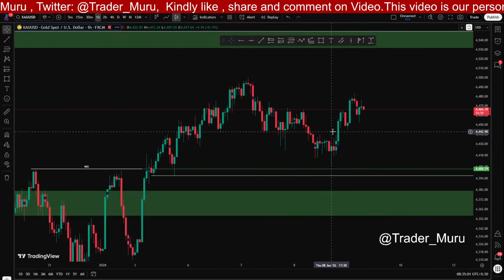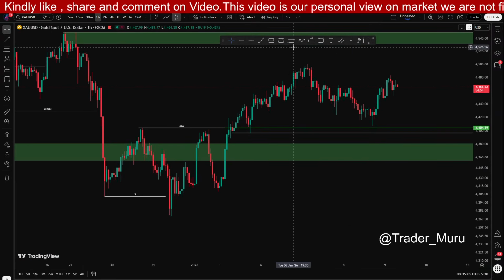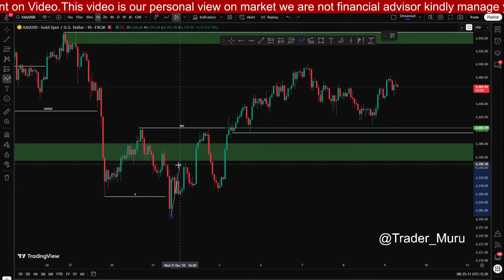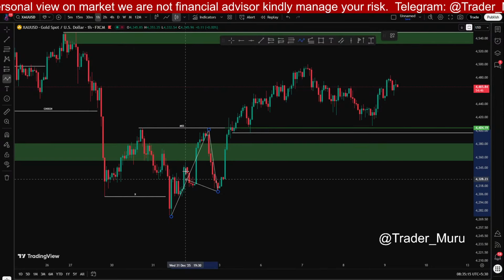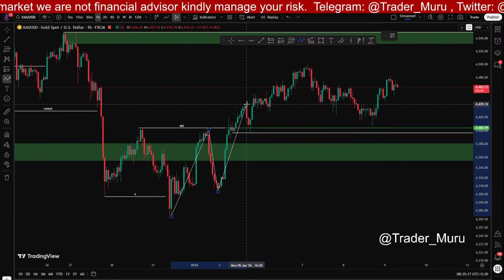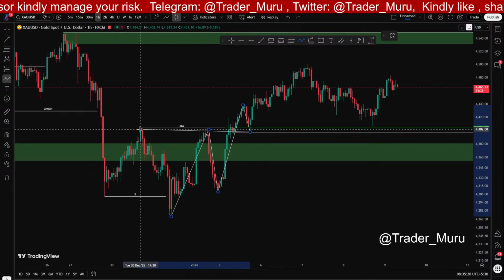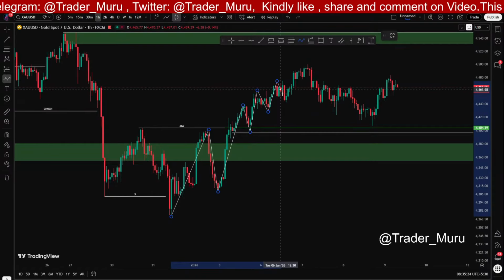In the 1-hour time frame, as you can see, price was running in a decent uptrend. This was the high. This is all an internal structure. We have a change of character. After that, a retest of this structural area, higher highs, higher lows.